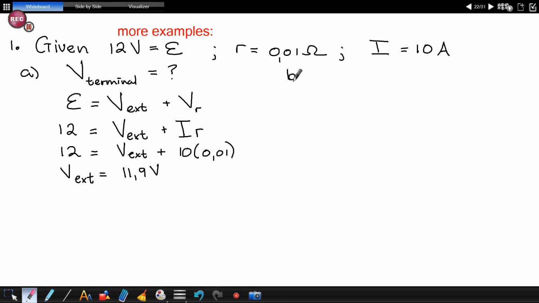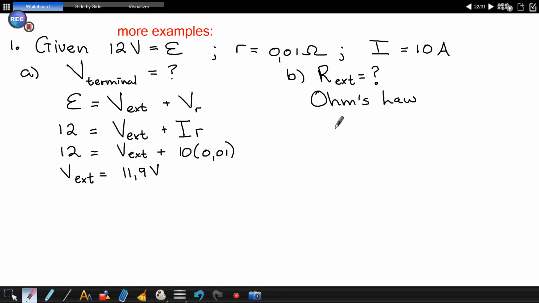B asks us to calculate the R external. How will we get the R external? The EMF equals the current times the R external plus the current times the r. Do you have to use that part? Can't you just use Ohm's law? I don't have to rewrite the EMF equals the external voltage plus the lost volts.